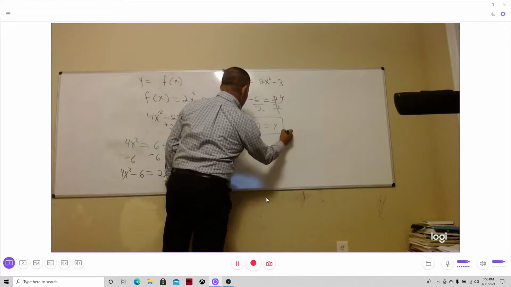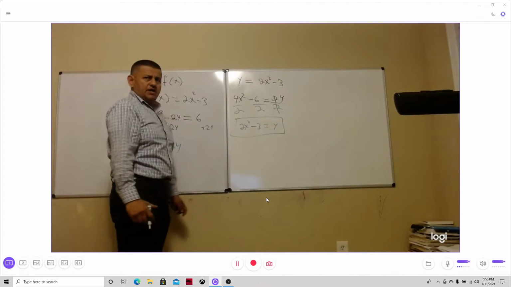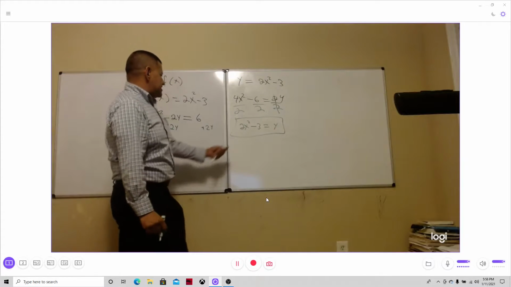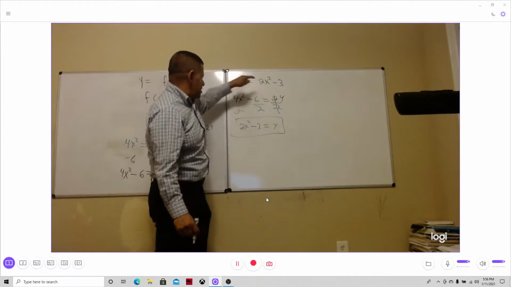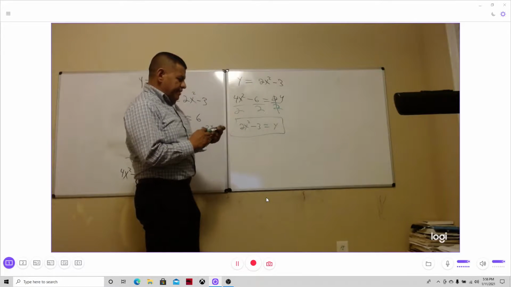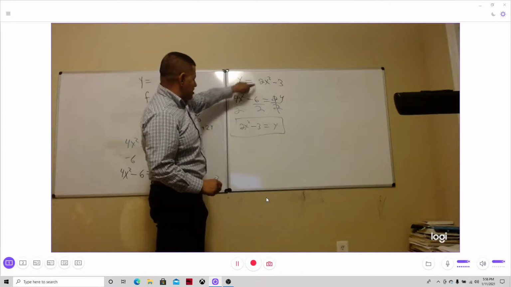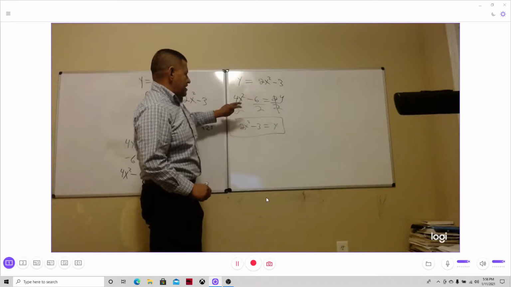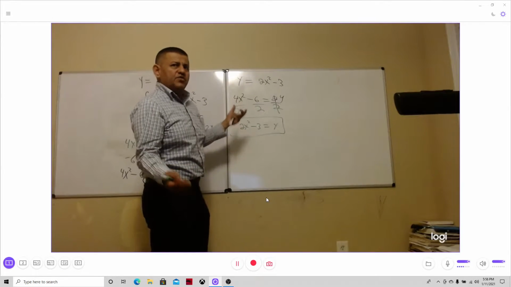So they are equivalent. The book is saying that these two functions, the example that they're giving us, can be written explicitly, and they are equivalent to each other.